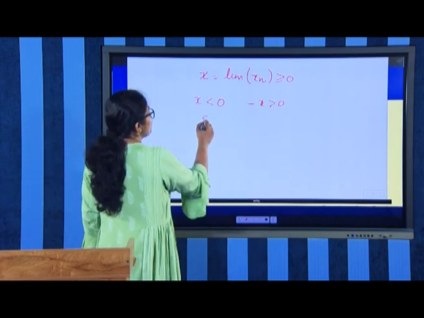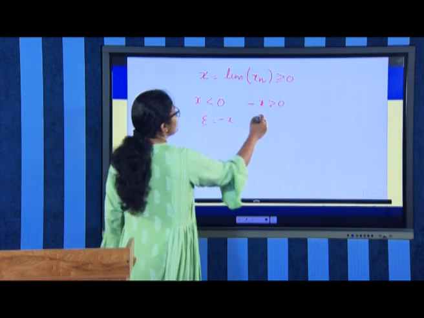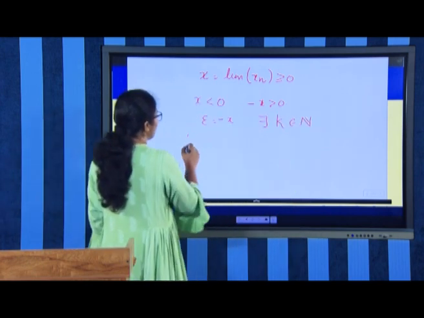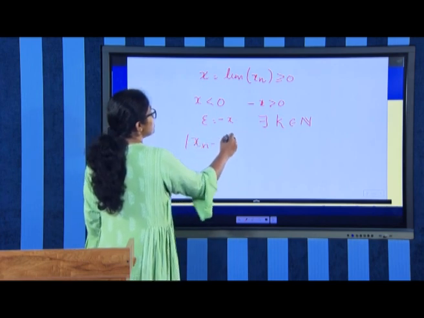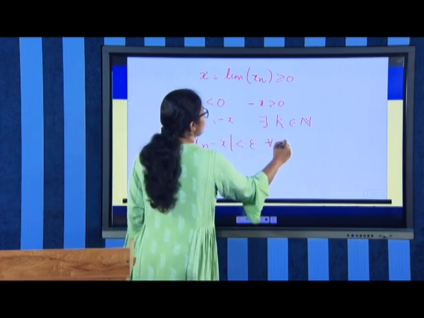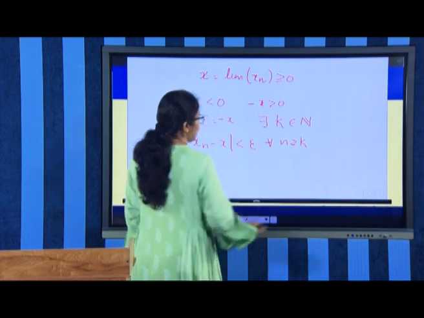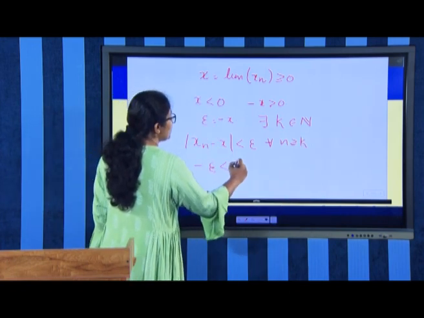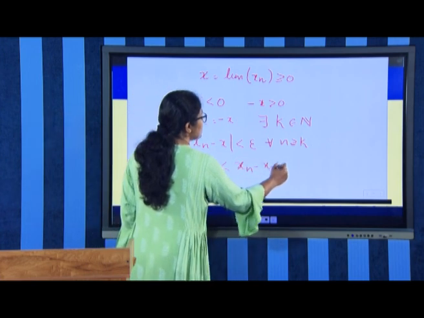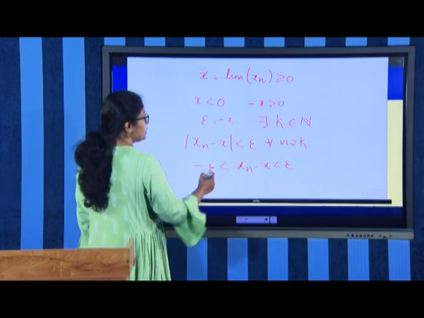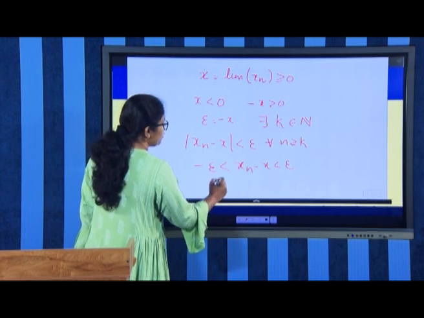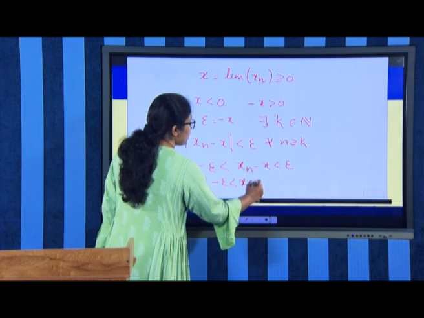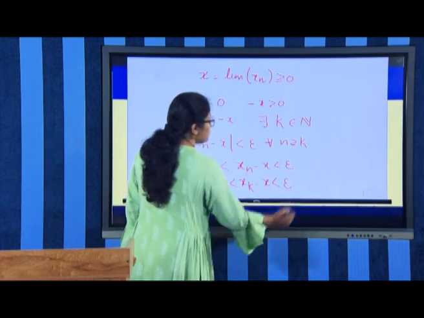So, you take epsilon to be negative x, then there exists a k belonging to N such that modulus of xn minus x is less than epsilon for every n greater than or equal to k. In particular, we have minus epsilon less than xn minus x less than epsilon, because this can be written in this form. In particular, we have minus epsilon less than xk minus x less than epsilon.